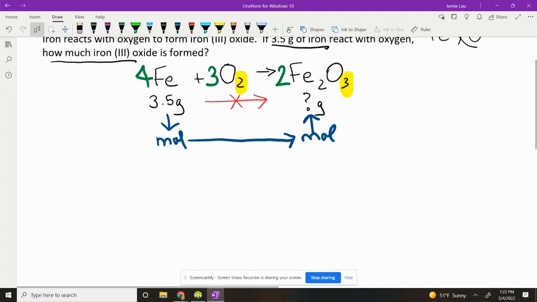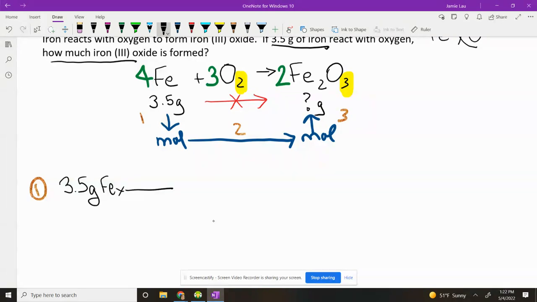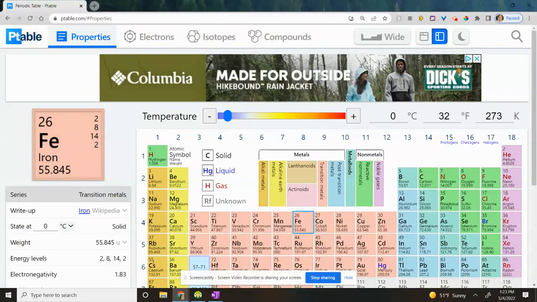So we're going to do this as a 3-step process: step 1, step 2, step 3. In step 1, we are going from grams of iron to moles of iron. So 3.5 grams of iron converts to moles. 1 mole of iron, as you can see from the periodic table, has a mass of 55.85 grams.